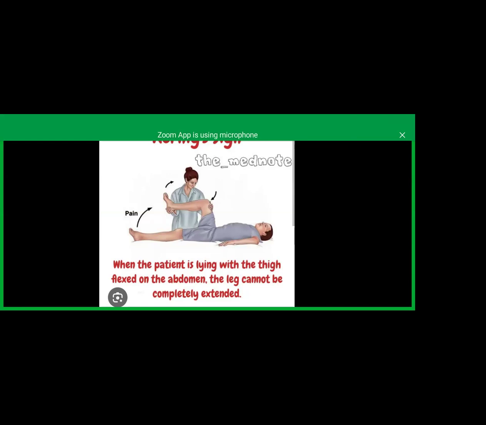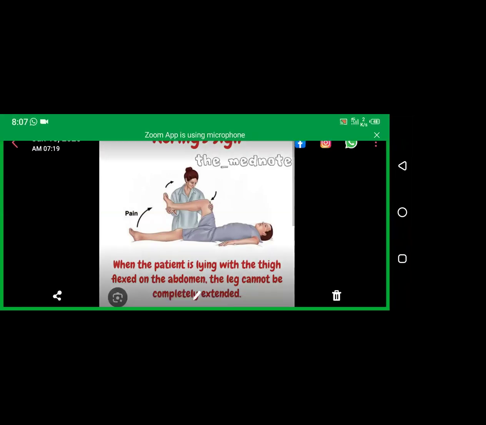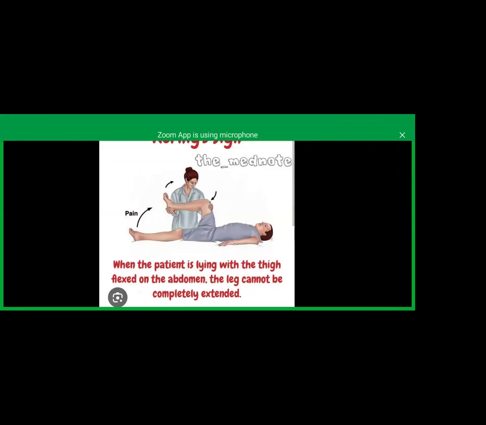So what we're trying to do now, as we are flexed at the knee, is try to extend the knee. The knee needs to become straight instead of bent, the way it is bent in this picture. We'll try to extend it. But when Koenig sign is positive, the person will resist that extension.